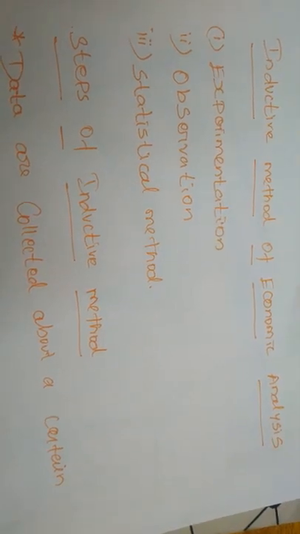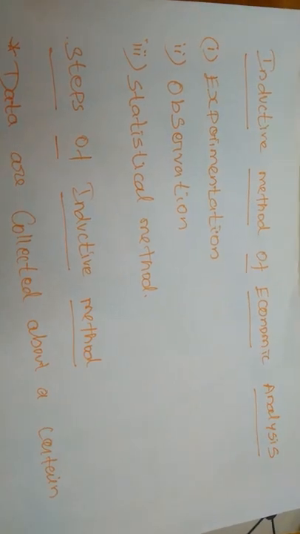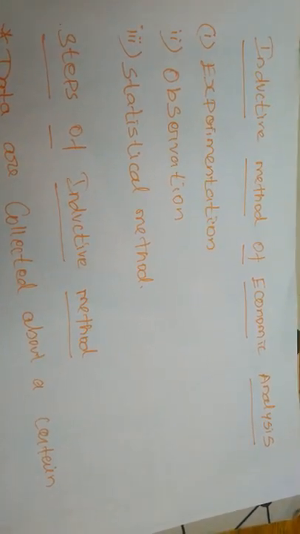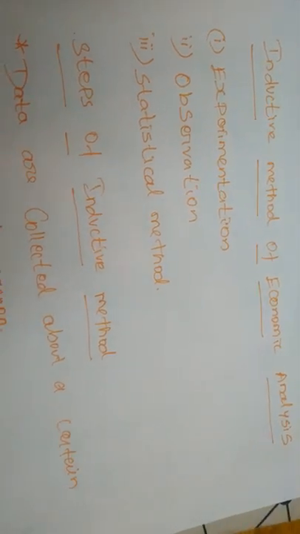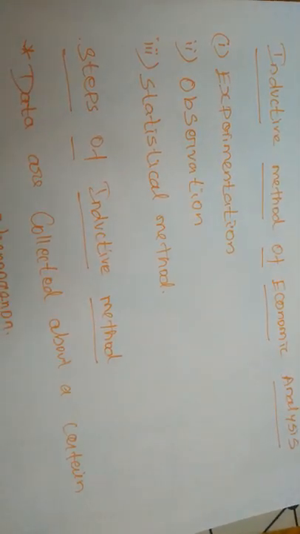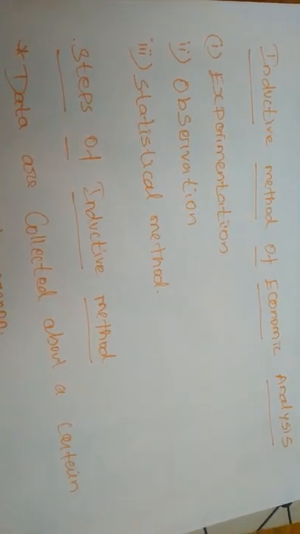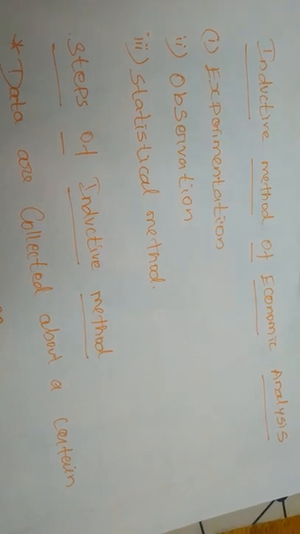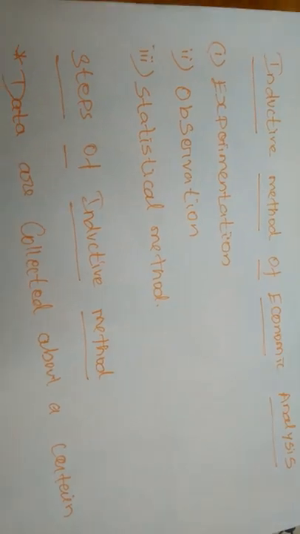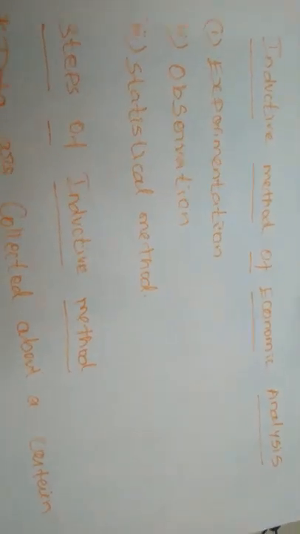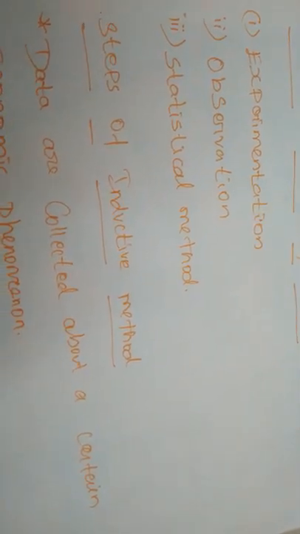It involves the process of reasoning from particular facts to general principles. In the deductive method, the conclusion is derived from general truth, but here the reasoning goes from particular facts to general principles, so the conclusions are derived from the particular facts only.